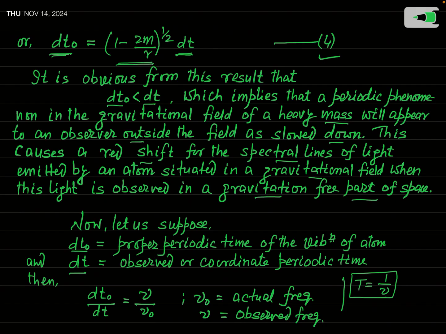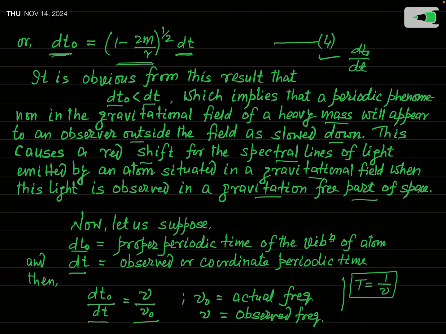When time period is dt naught, frequency is nu naught. This is the proper frequency. And when time period is dt, then frequency is nu. Since time period is inversely proportional to frequency, this ratio dt naught by dt will be equal to the inverse of nu naught by nu, that is, it will be equal to nu over nu naught. But let us see from equation 4, what is this dt naught by dt?